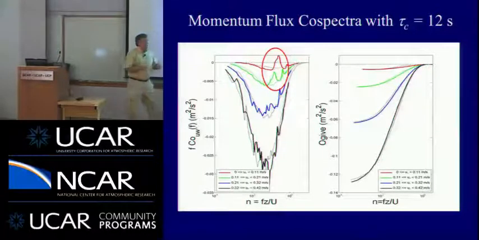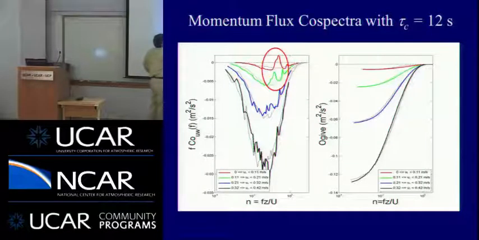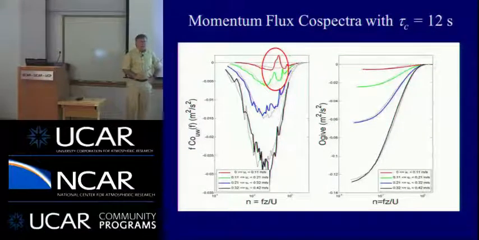So it seems like... no, and that's a very good point, because I've been seeing these sort of peaks since we started doing this when I look at the co-spectra, and you always said, well, maybe that's swell.